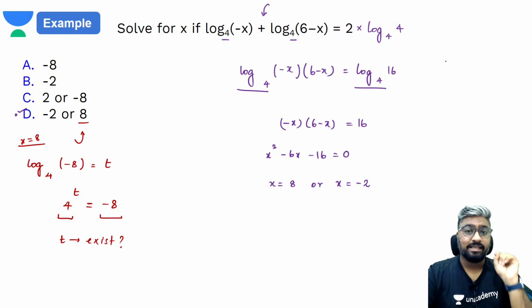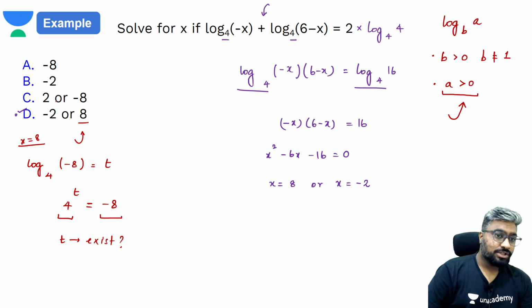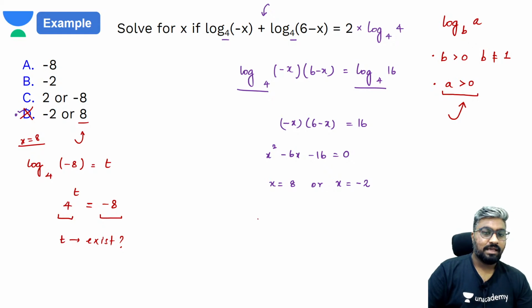We spoke about this yesterday: for log a to the base b, b has to be positive, b cannot be equal to 1, and a must always be positive. Did you forget this? Your argument must always be positive, guys. So x equal to 8 will never work.